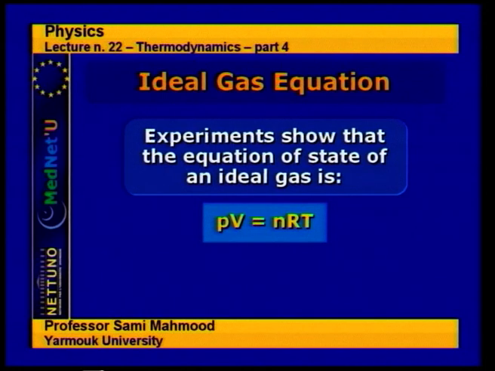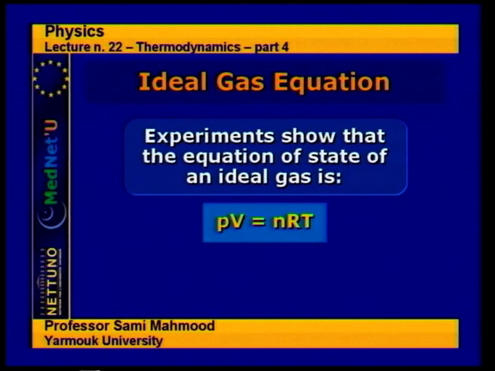And experiments show that the ideal gas equation is given by the statement P times V is equal to N times R times T, where P is the pressure of the gas, V is the volume of the gas, N is the number of moles of the gas, which is the quantity of material of the gas, and we will be defining it in a little while.